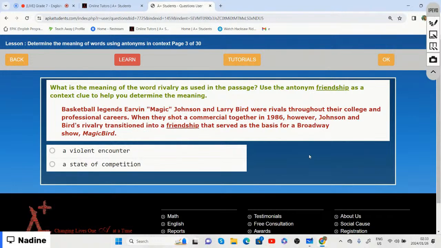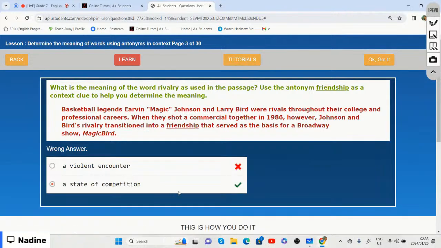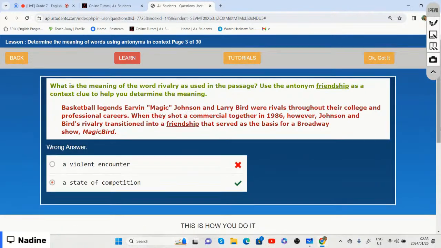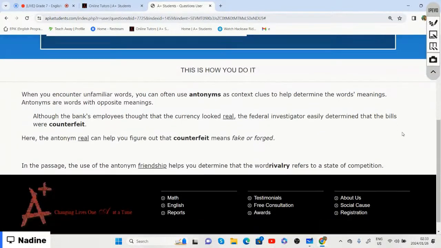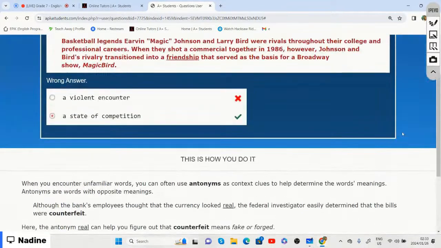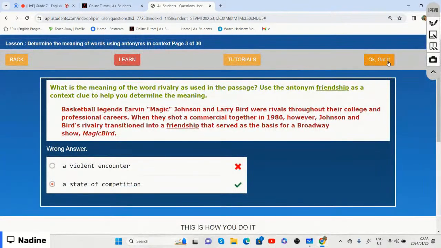We need to use the antonym, which is friendship. The opposite of friendship, I would say it's a violent encounter. That's the only thing I can think of, a violent encounter. Ooh, a state of competition. Since when is friendship a state of competition? So rivalry refers to a state of competition.